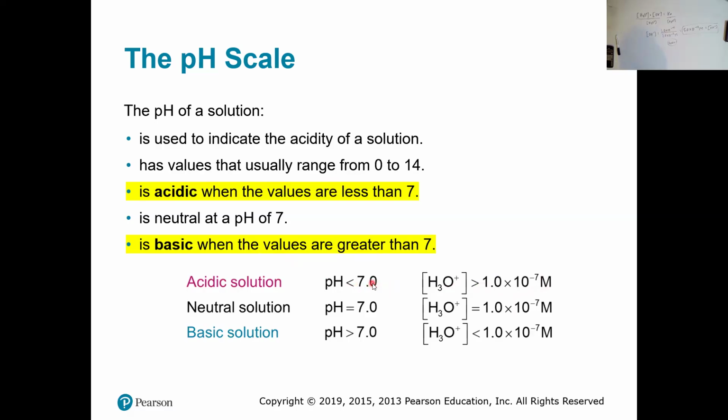They're going to fall below 7. And for our bases, as our H3O plus values fall below 1 times 10 to the negative 7, meaning they're getting less concentrated, our pH numbers are going to go above 7. They're going to fall into that basic range, which are numbers greater than 7.